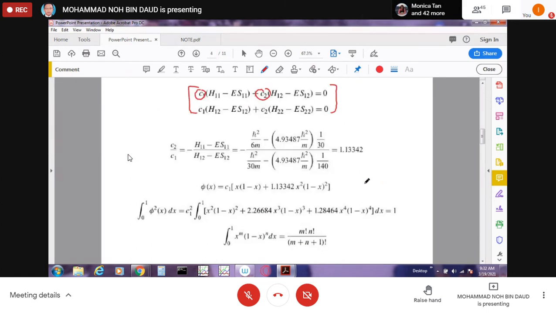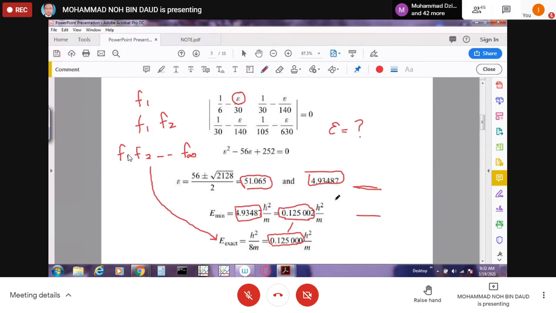Now we want to know what is the function here, the trial function here. Phi 1 and phi 2 represent these states. The wave function is very important in quantum mechanics. In this case, our wave function here is the trial function, the approximate wave function, because these trial functions will describe the properties of this state.